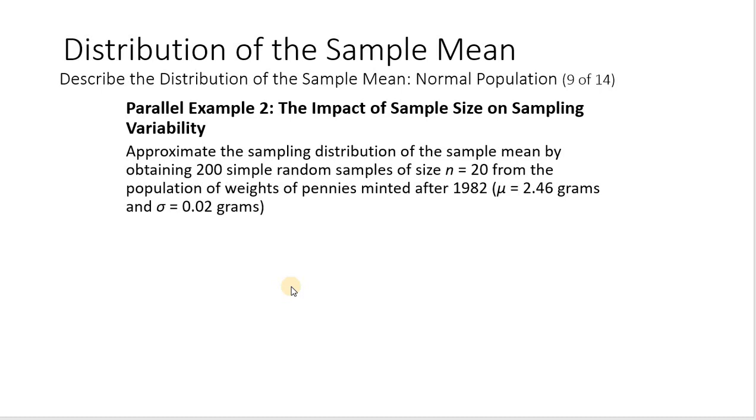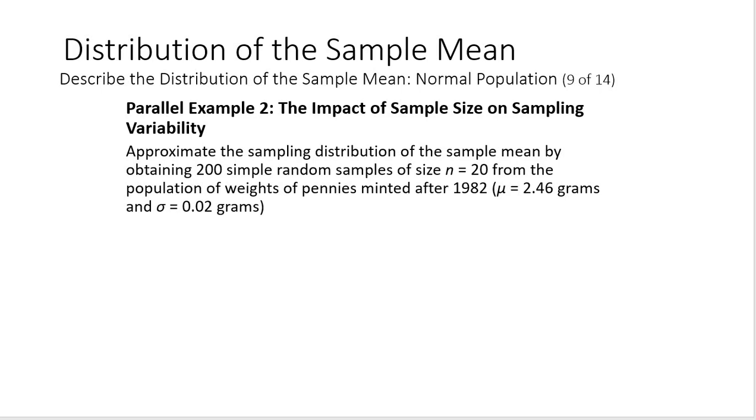We want to approximate the sampling distribution of the sample mean by obtaining 200 simple random samples of size n equals 20 from the population of weights of pennies minted after 1982. The mean of that population was 2.46 and the standard deviation was 0.02 grams.